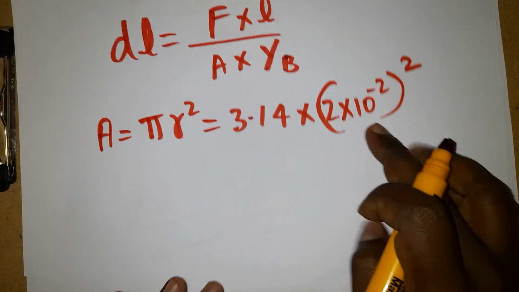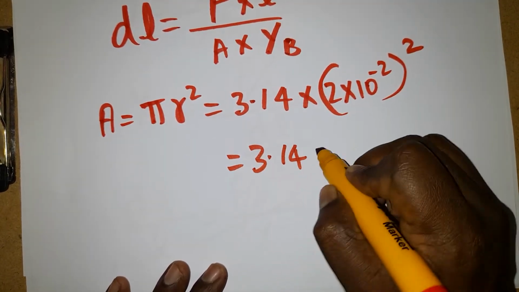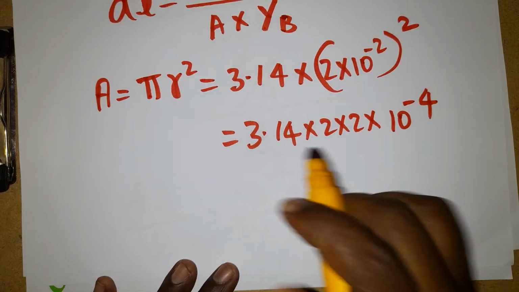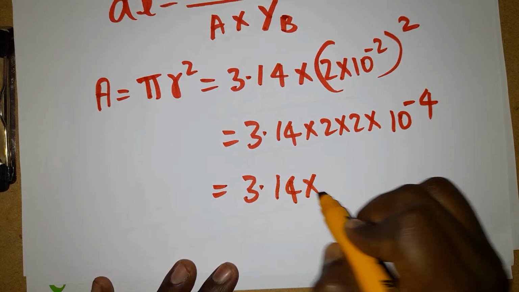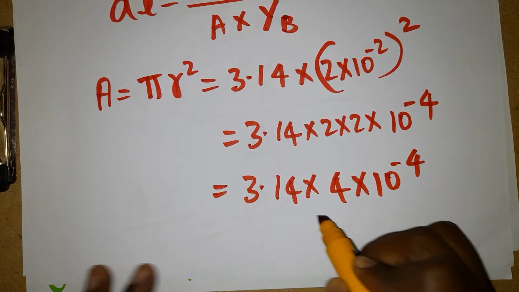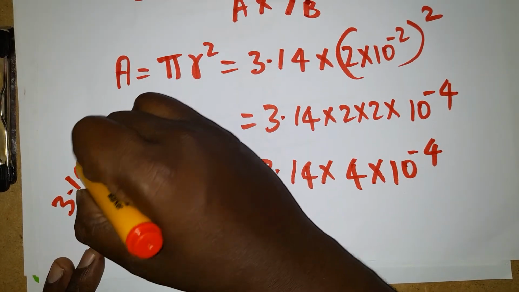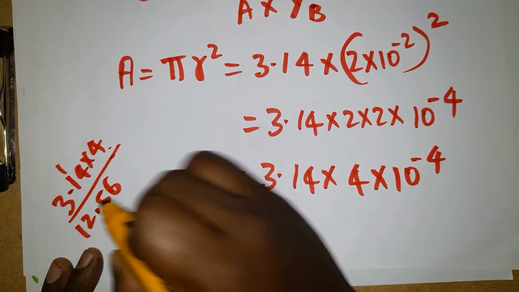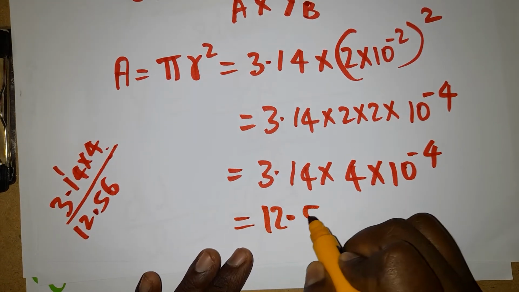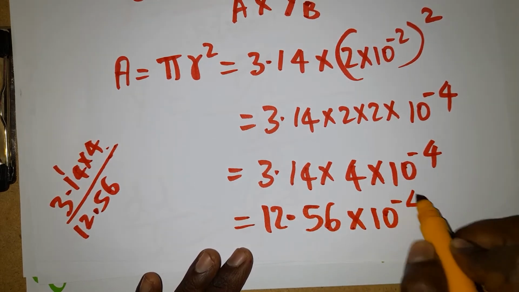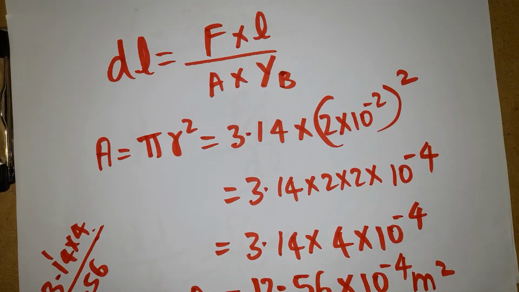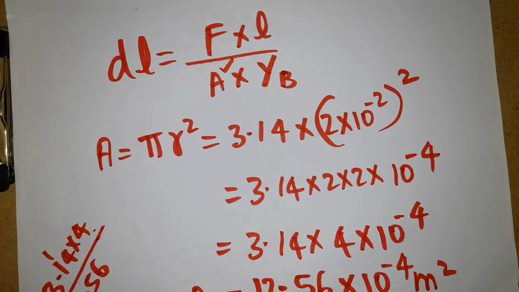So we write 3.14 into 2 into 2 into 10 power minus 4. 2 into 2 is 4, so 3.14 into 4 into 10 power minus 4. 4 into 3.14 is 12.56, with 2 decimals. So 12.56 into 10 power minus 4 meter square. First we found the area. Area we got.